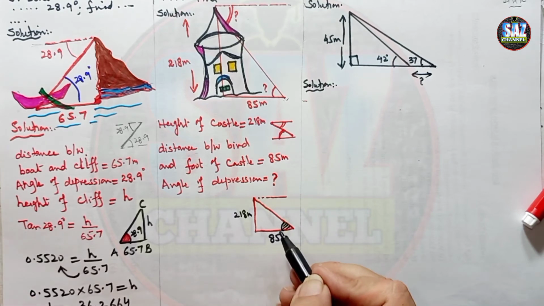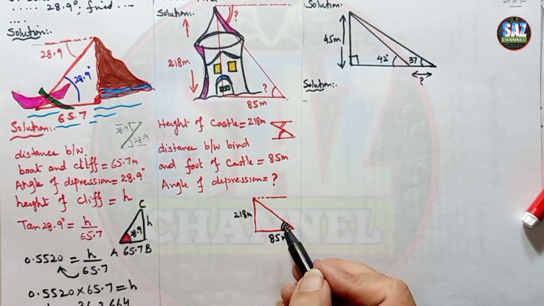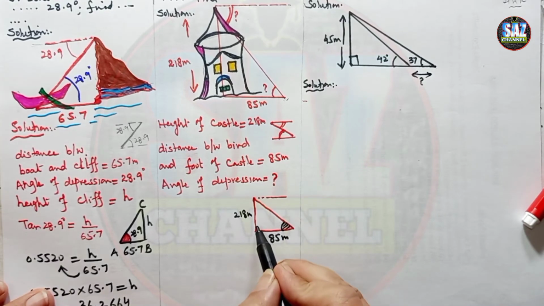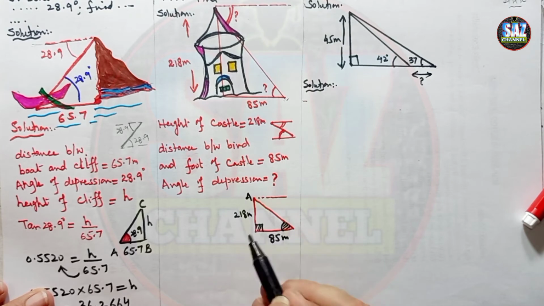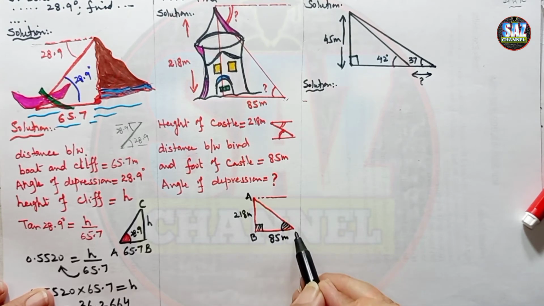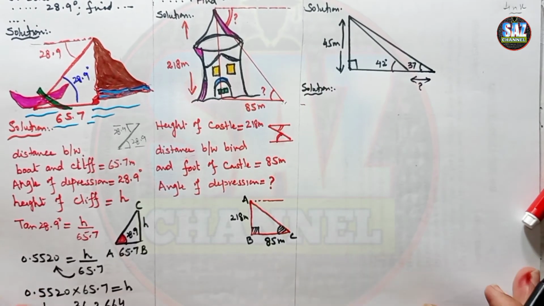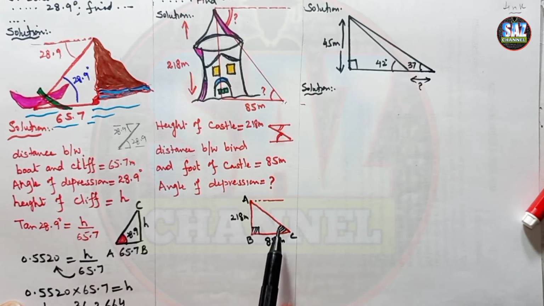Now we have to recall, with reference to this given acute angle, what is 218 and what is 85. If we look at the diagram carefully, we can see that 218 is opposite to this acute angle and 85 is adjacent.